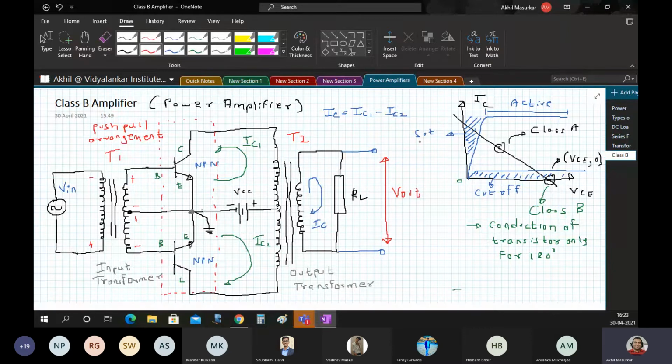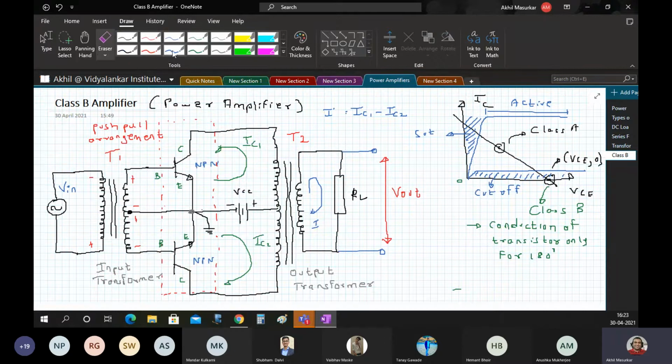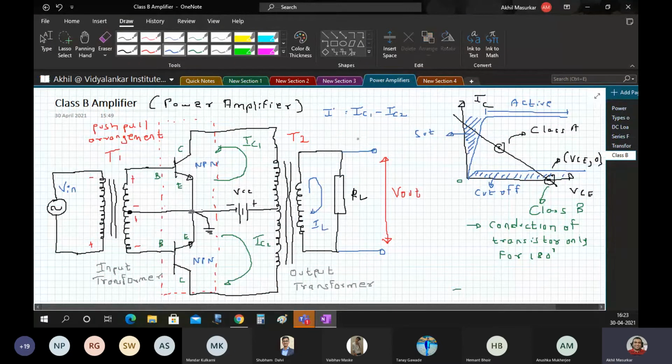So what happens in this is basically if IC1 increases, IC2 decreases, and if IC2 increases, IC1 decreases. The load current IL, so this is my IL, is responsible for the development of output voltage.